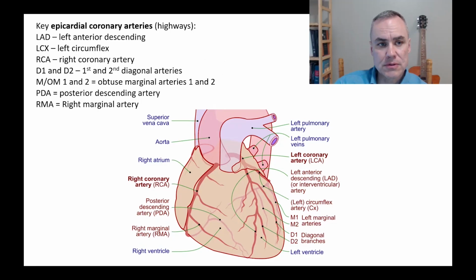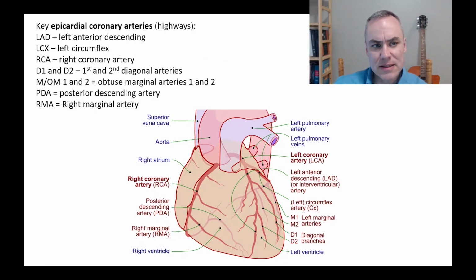Then the diagonals, D1 and D2, sometimes there's a D3. Then what they call the marginal arteries, or obtuse marginal, so you say OM1 a lot, obtuse marginal 1, obtuse marginal 2, which actually come off of the LCX. And then the PDA, the posterior, which means back, descending artery, which means going down. And then the right marginal artery.